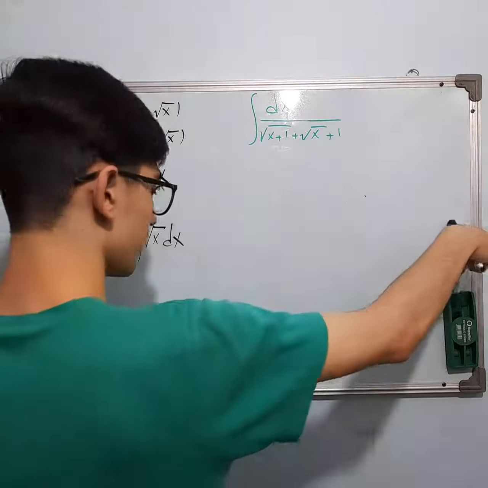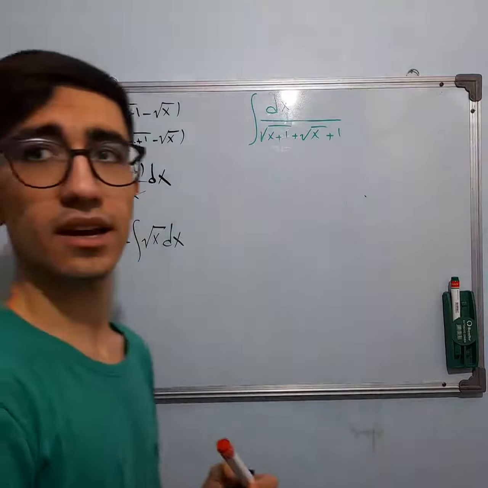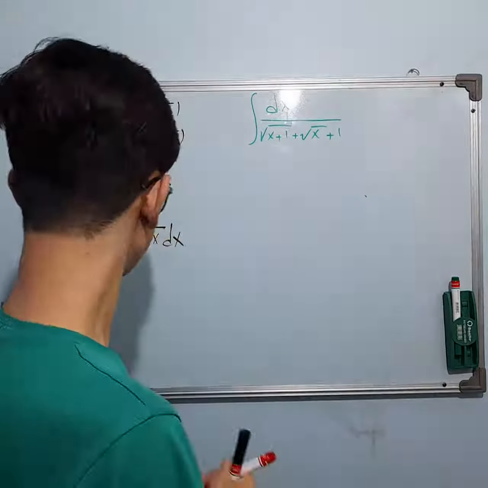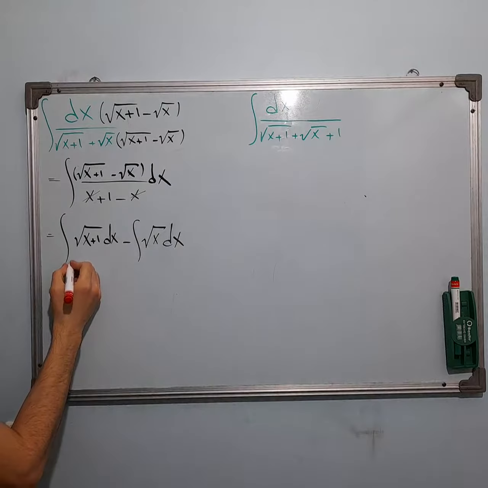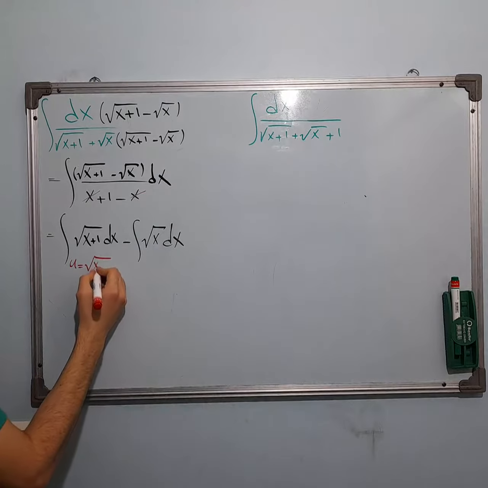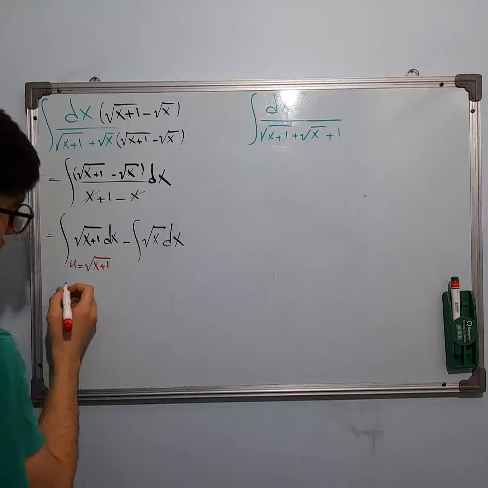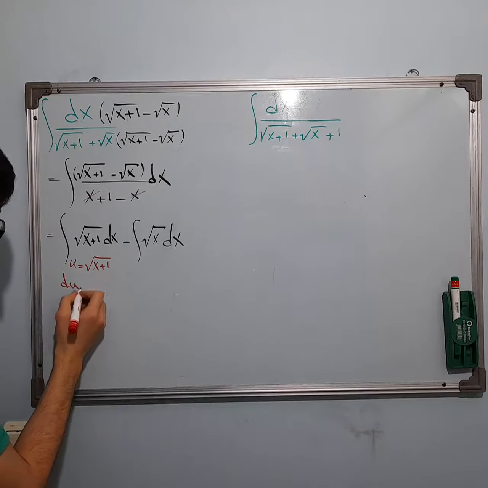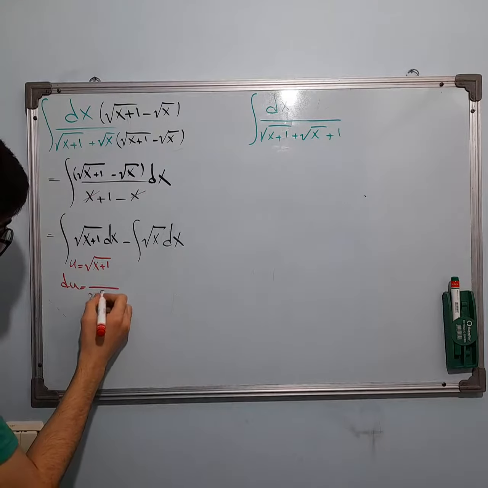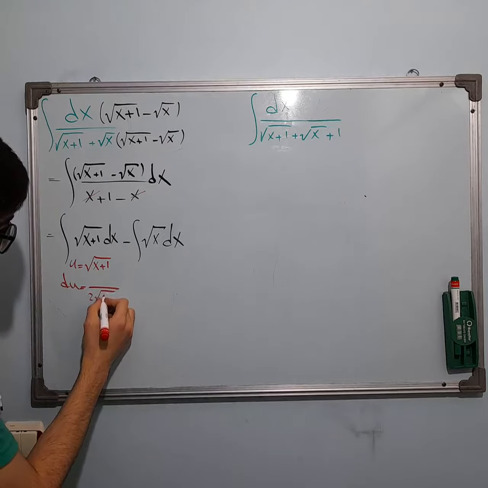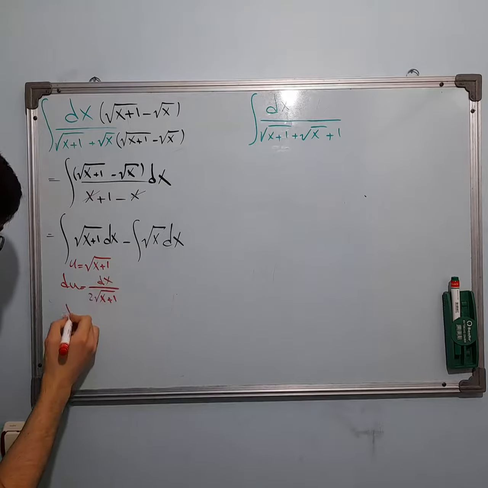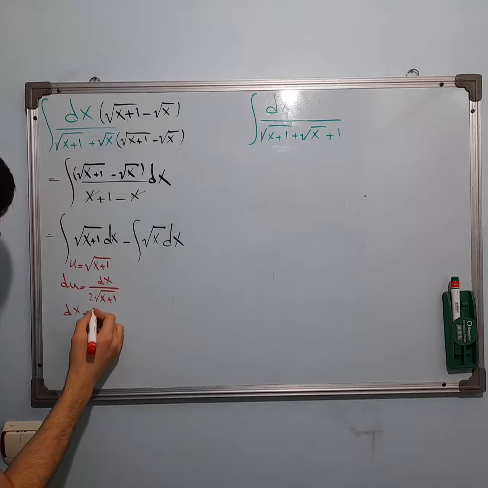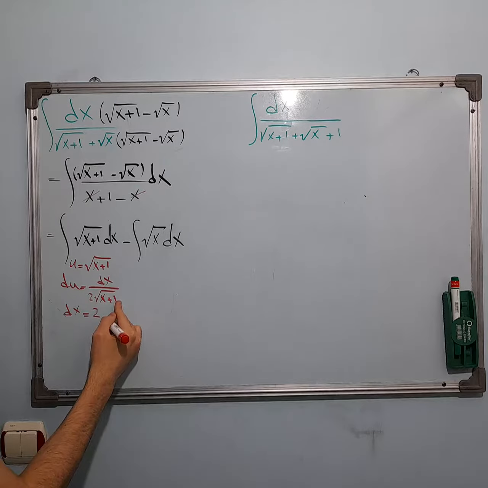Now here, it doesn't need any u substitution or any other way to be solved. It's easy. So we get to these. If I call u the square root of x plus 1 and I differentiate both sides, du is dx over 2 times square root of x plus 1. So dx is 2 times this guy, which is u, du.